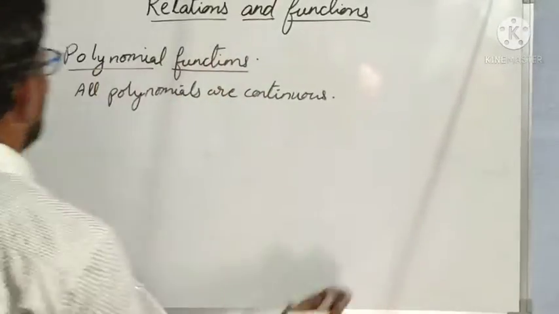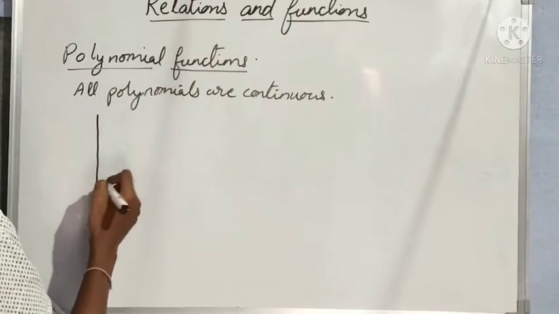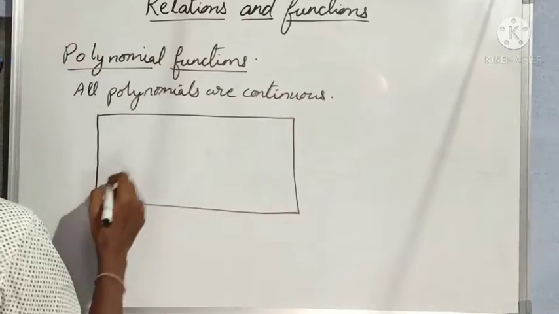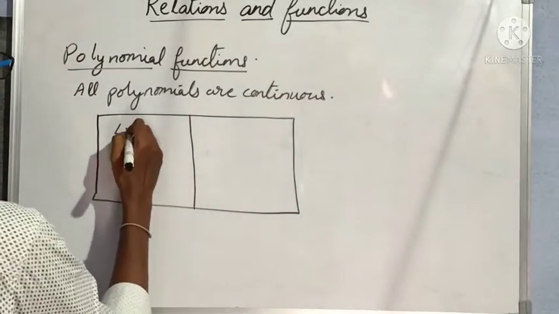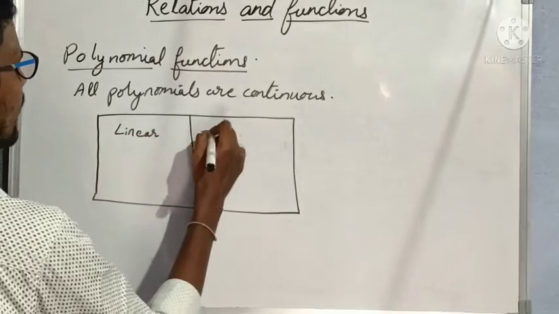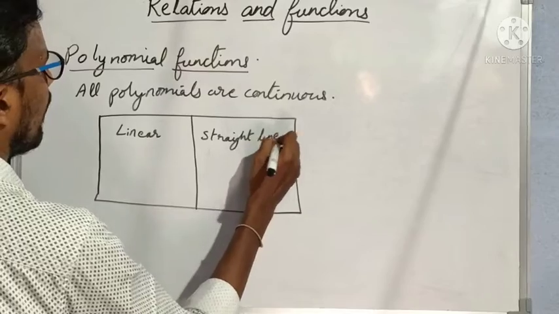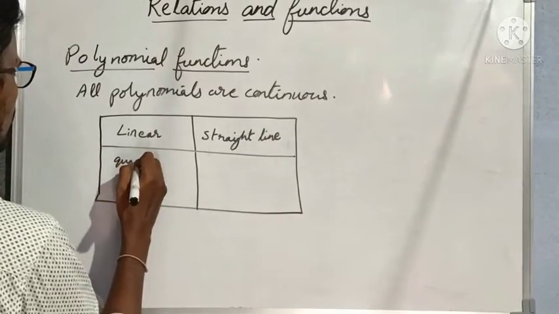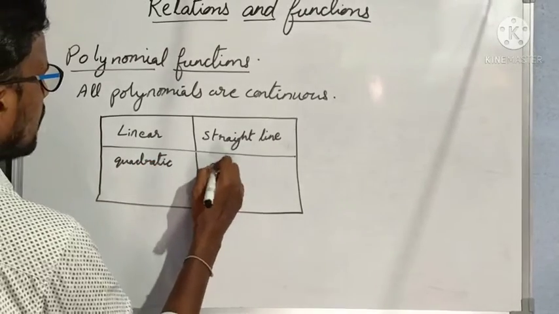Understood? Now let us see the graph of certain polynomials. Very, very important. If the polynomial is linear, then we get a straight line. If the polynomial is quadratic, then we get a parabola.